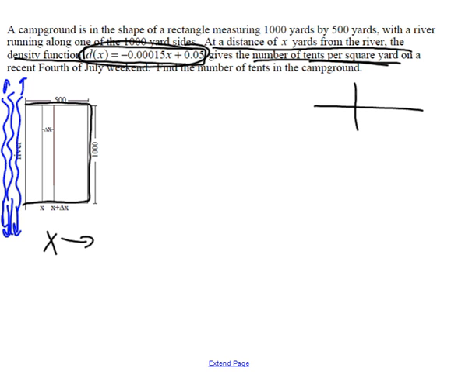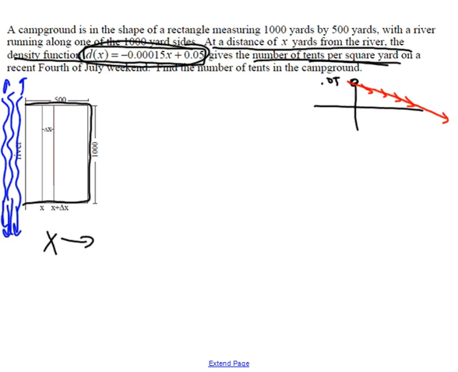If this is 0.05, it's a linear graph that has a negative slope. And what that means is that as we get further and further away from the river, there is a less dense number of tents. That makes sense because people want to camp closer to the river. So as we get away from the river, we're getting less and less dense.